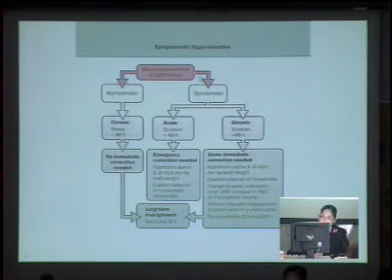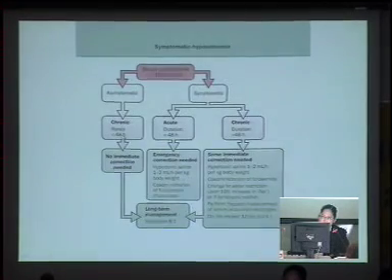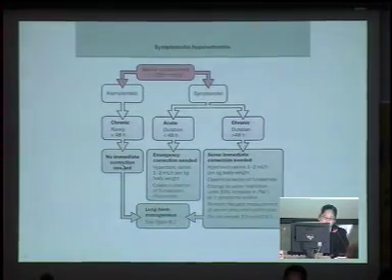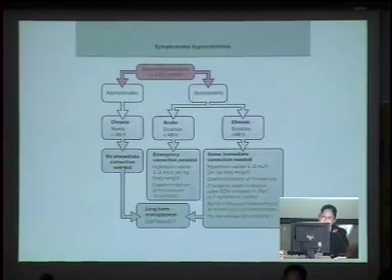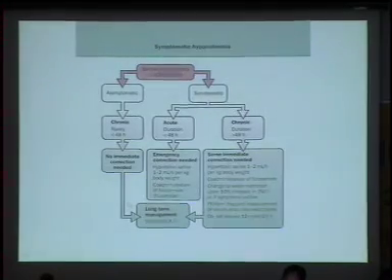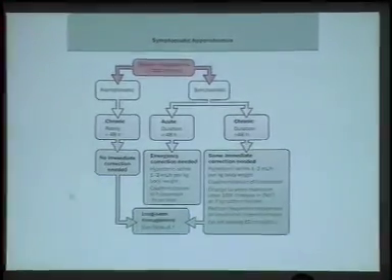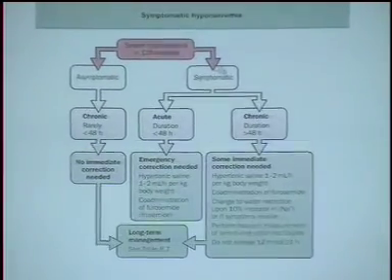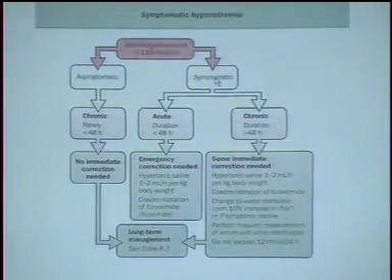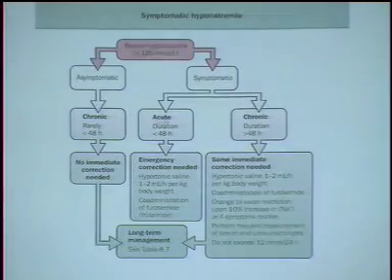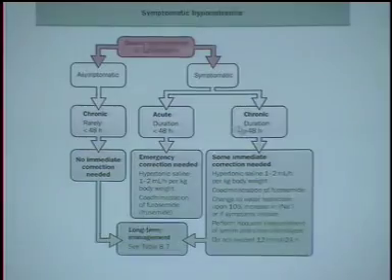Treatment of hyponatremia: if they're not symptomatic, mostly chronic, occurring over 48 hours, then you don't have to take immediate action. You can take your time to correct the sodium. If the patient is symptomatic, you have to evaluate whether it's acute or chronic. You can get this from the history and many things.